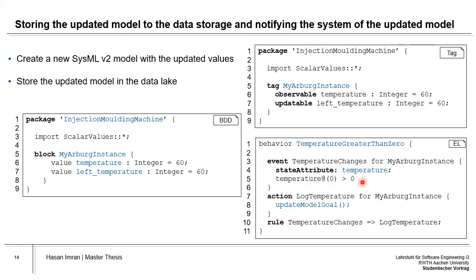If the temperature is greater than 0, then the action would be triggered, and this maps the event to the action. If this is true, a new model would be generated, which would have an updated value which it got from the data lake. This would be the current value that it gets from the data lake, and it would create a new model and save that.